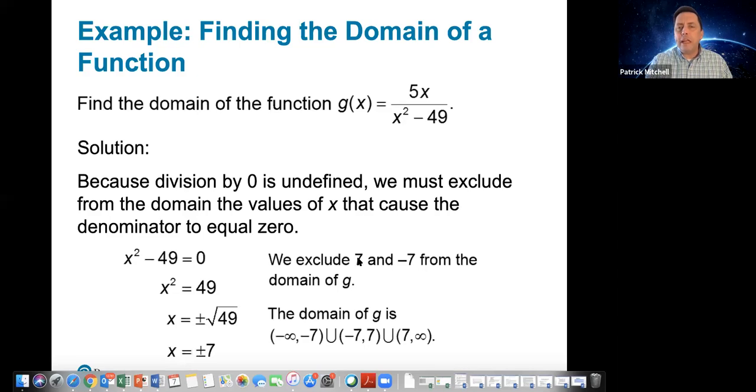Since we're excluding 7 and negative 7 from the domain of g, that means, written in interval notation, the domain of g is the union of the three intervals, negative infinity to negative 7, negative 7 to 7, and 7 to infinity. So this is the whole real number line with just the numbers negative 7 and 7 taken out. Unfortunately, it looks kind of clunky when you write it using interval notation.